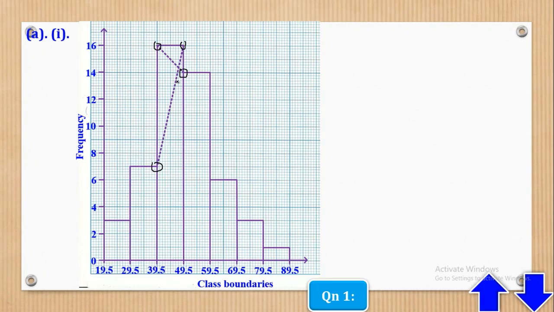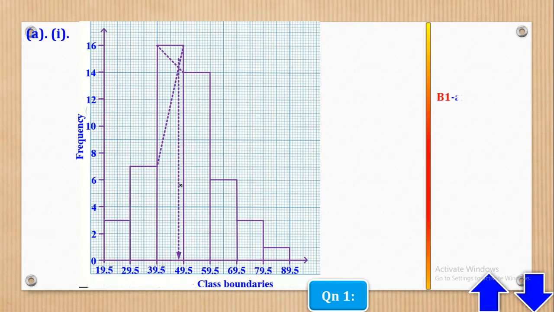Then after that, we shall look at this point of intersection. So where the two lines intersect, we shall drop a perpendicular to meet the horizontal axis. So let's do that.